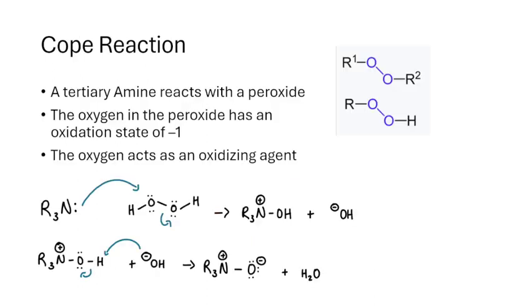Now here is some more information about the Cope reaction. The Cope reaction was developed by Arthur C. Cope. Cope was born in a small town in Indiana, and he is very famous within the chemistry world. He is known for helping with the effects of World War II with treatments for mustard gas poisoning as well as anti-malarial drugs.